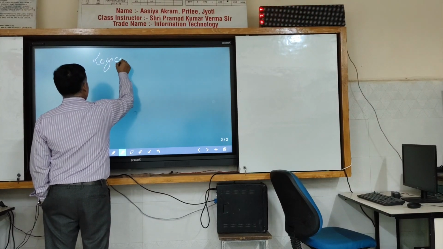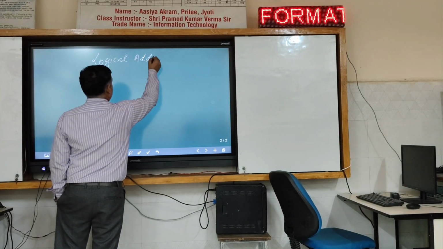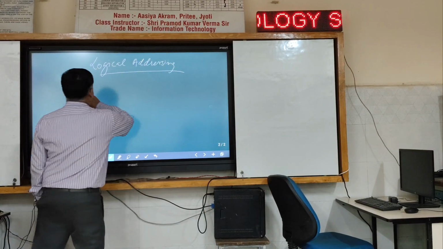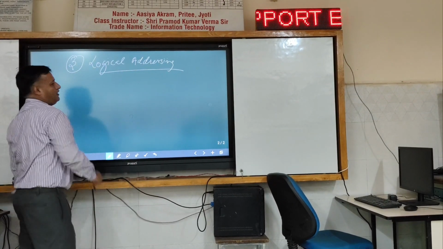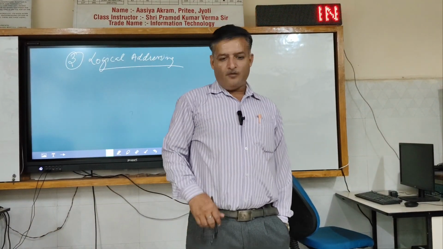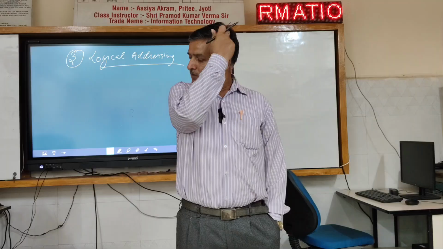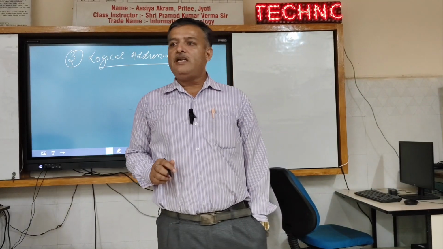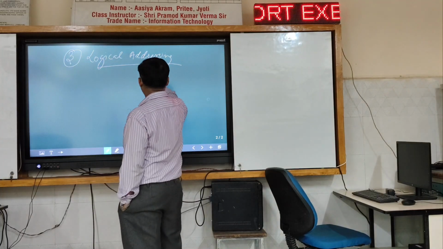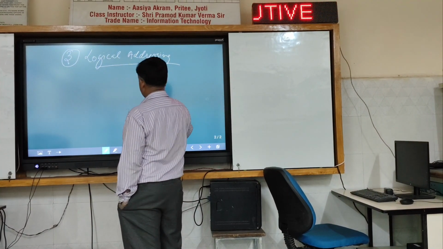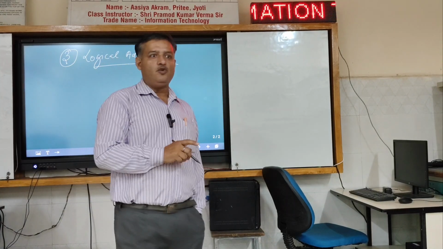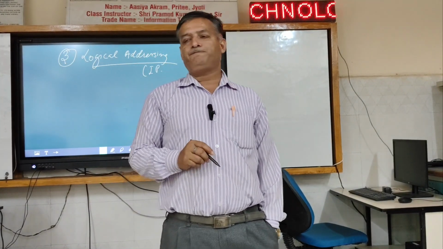Logical addressing is another application of the network layer; it was the third. Of course, packetization is also an application of the network layer, and we will discuss it here, but logical addressing, IP addressing, is very important to learn.